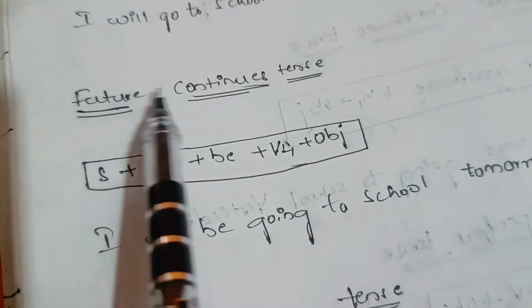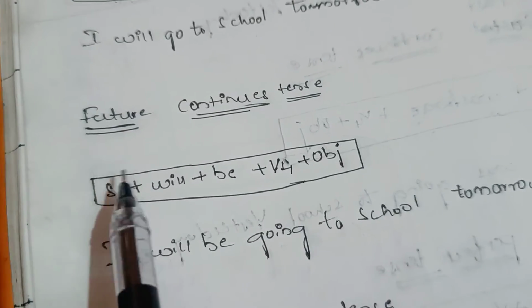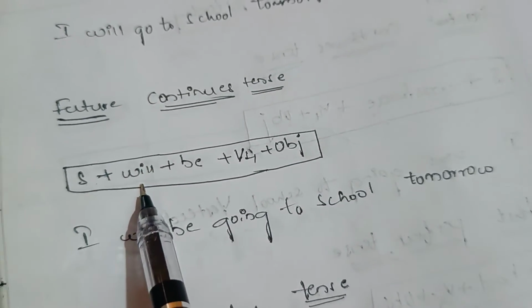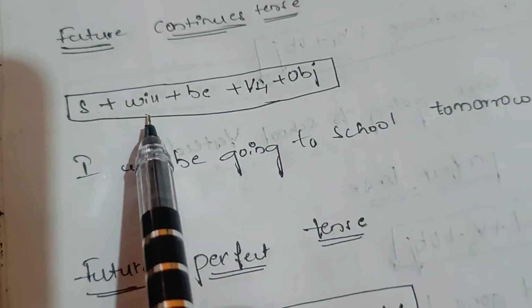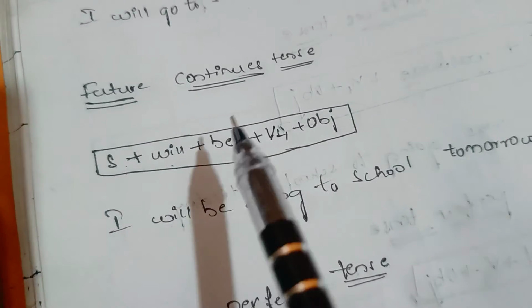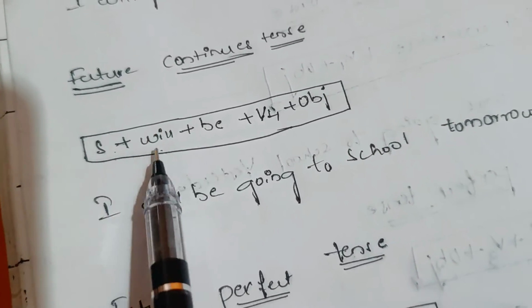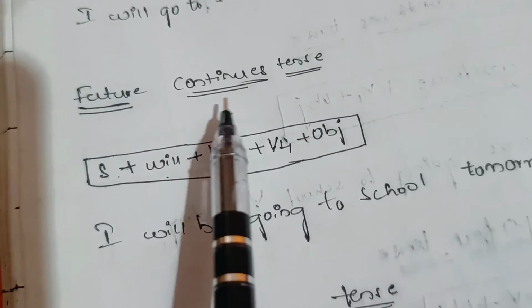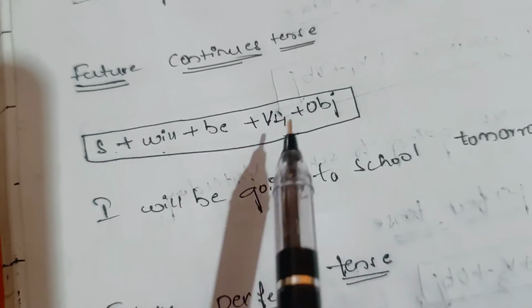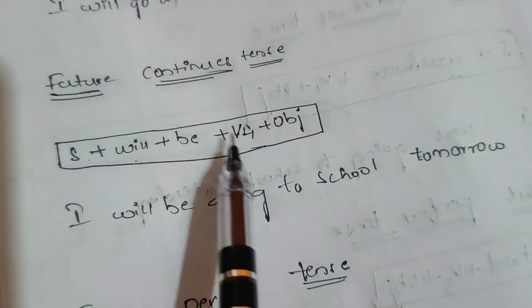Next, future continuous tense. The formula will be subject plus will plus... So here will always carries V1 form. So we substitute will with be. Okay, be will be the V1 form. So subject plus will plus be. As it is continuous, we need to carry verb form V4, right?